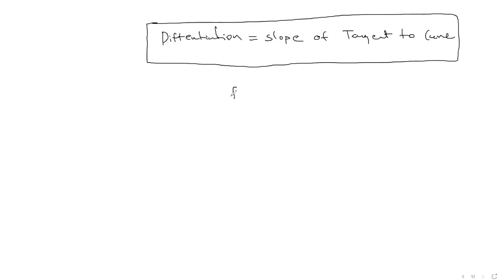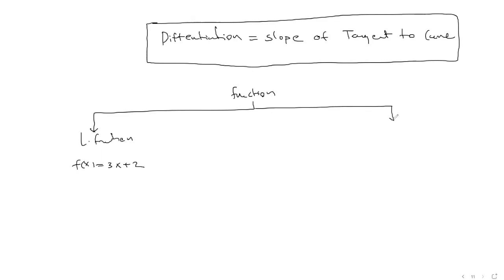Whenever you say functions, they are of two types. One is linear function, where you have y, or let's write f of x is equal to 3x plus 2. And the second classification is non-linear functions. When you have a non-linear function, these are usually curves. So f of x is equal to x squared, just for an example.